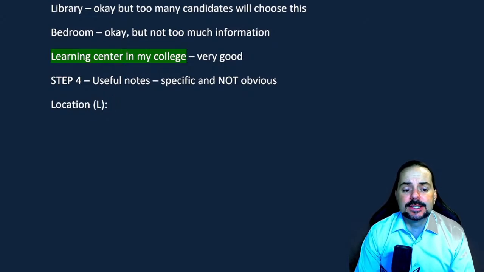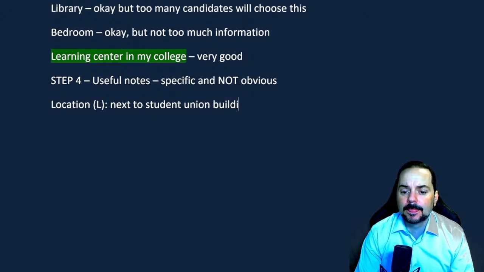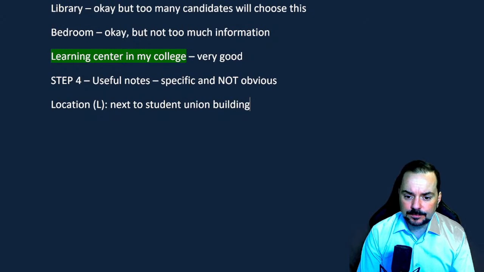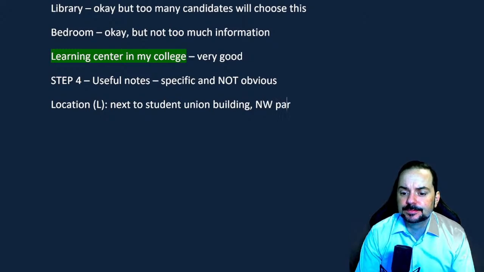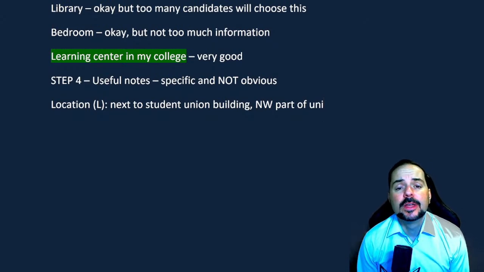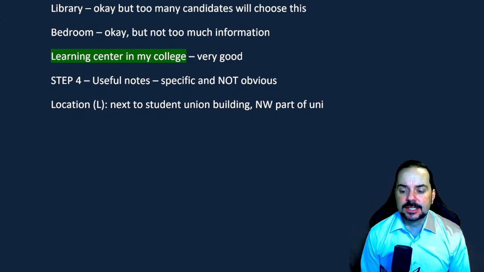So maybe something instead like next to student union building, okay? You could say north part of university. Okay, those could be useful notes that help you to give further clarification of where the study center is.